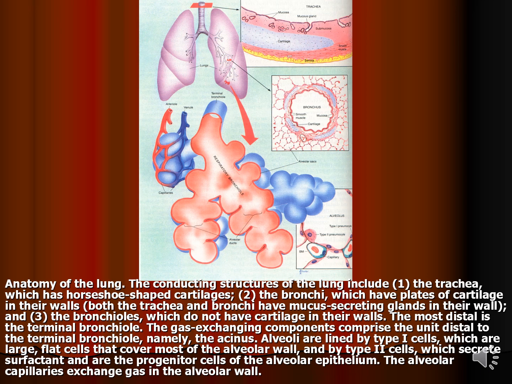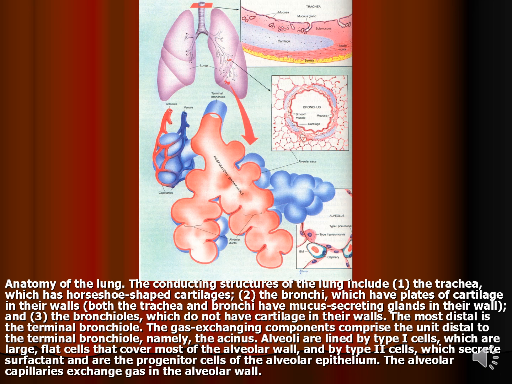Let me begin the lecture by reminding you of the information about anatomy and histology of the lung and some issues on the defense mechanism of the lung. So, the conducting structures of the lung include the trachea, which has horseshoe-shaped cartilages, and the bronchi, which have plates of cartilage in their walls.